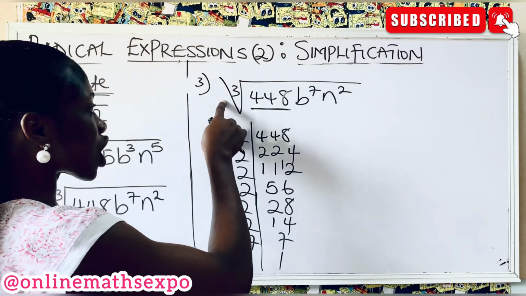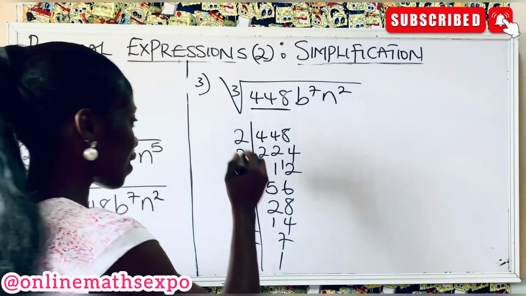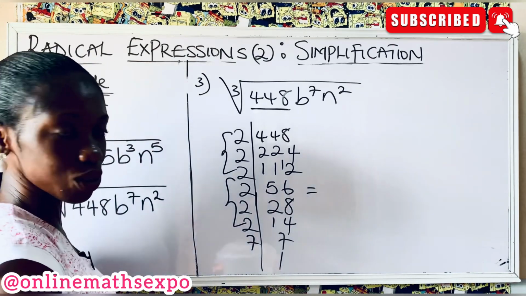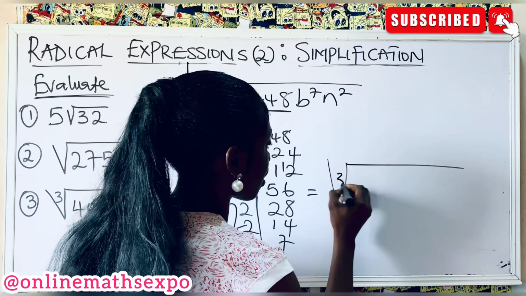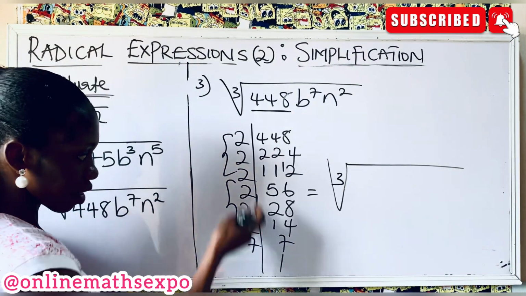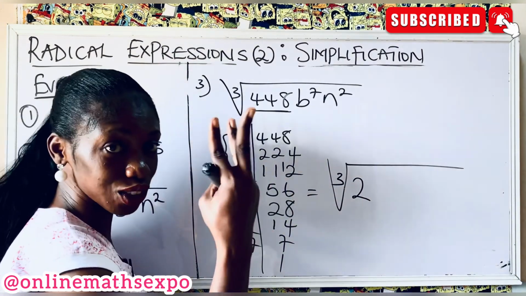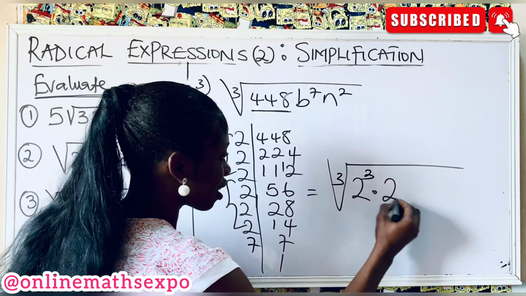Watch, it is cube root. So you are going to group in threes. So we group it in threes, okay? In that case, we are going to have the cube root of this number. Remember, this has been taken care of by this. So we have this 2 to the power of 3. This one is to the power of 3.